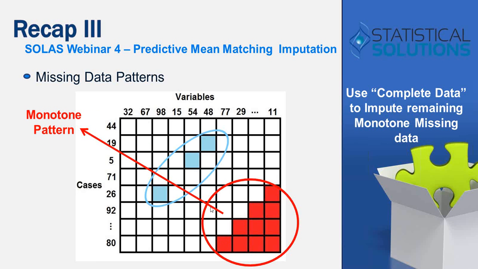So this bottom right-hand corner here then is referred to as the monotone pattern, the missingness that we could cluster together. So then after we've imputed these values, we use what I'll call a complete data then, to maximize the information so that we can impute these values down here.